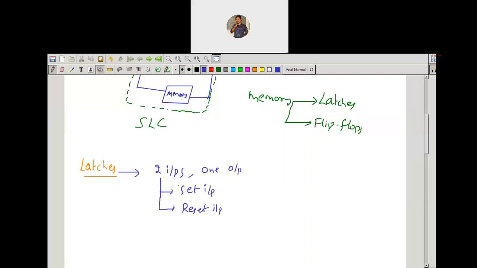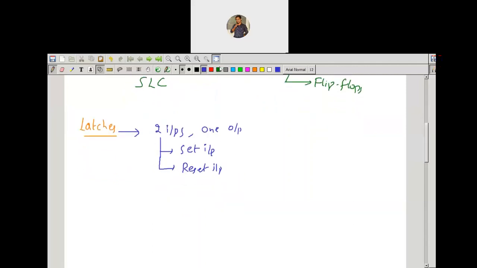So we call this latch an SR latch, where S stands for set and R stands for reset. Now let me draw the SR latch here.